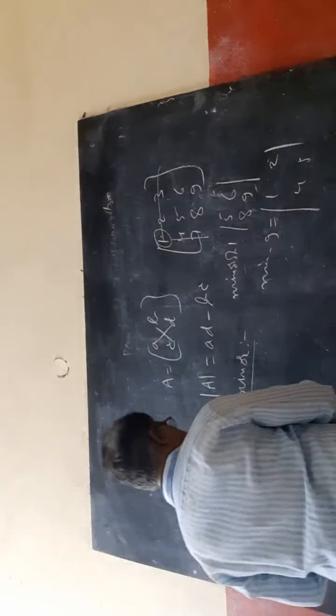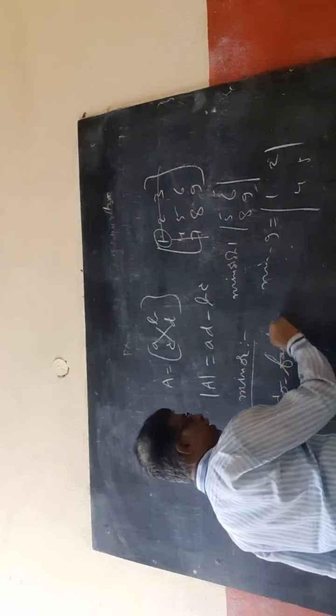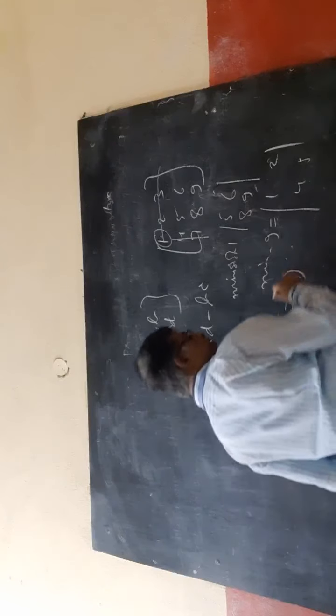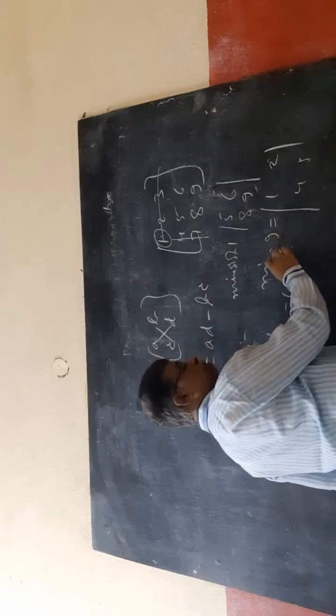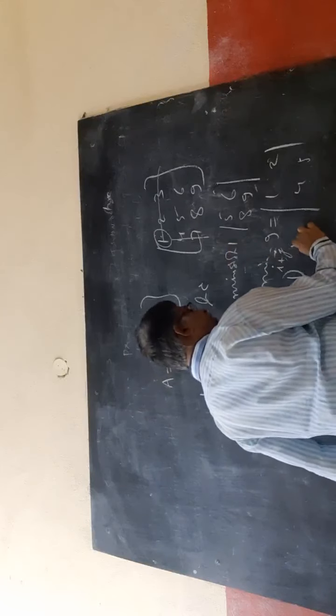Next, cofactor. What is a cofactor? We discussed earlier. Cofactor is nothing but -1 whole power i plus j, meaning ith row, jth column, into minor.